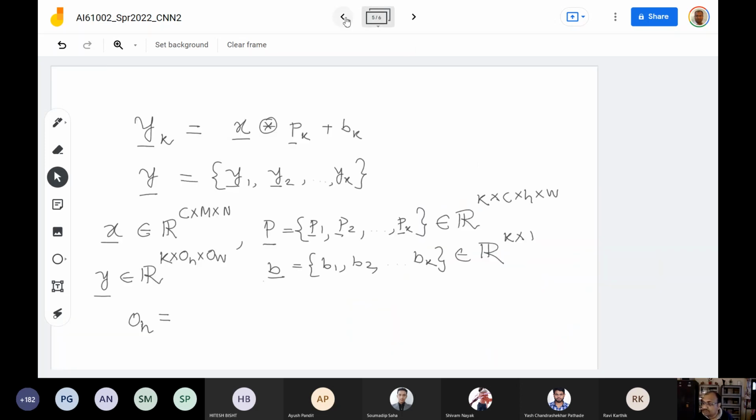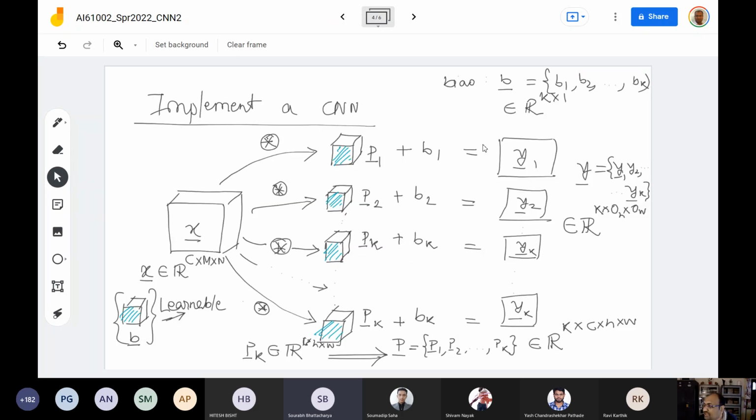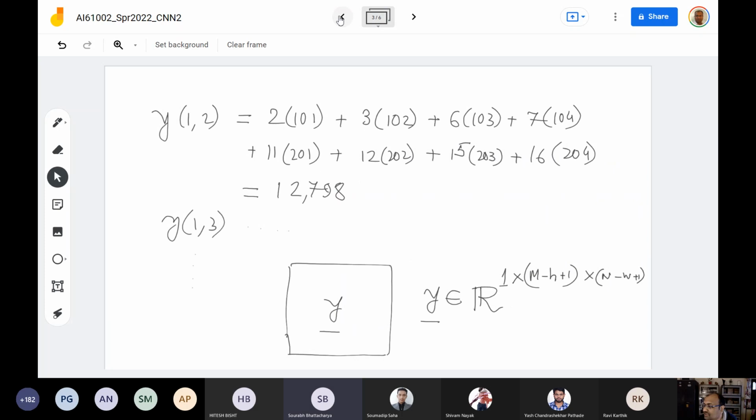So now let me get back to this one. So what is my OH? Hello, sir. Just one small thing, Y is basically a 1D tensor, right? After the convolution happens, Y is a bunch of 1D tensors, Y1, Y2? No, Y is a 2D tensor. Look back over here.